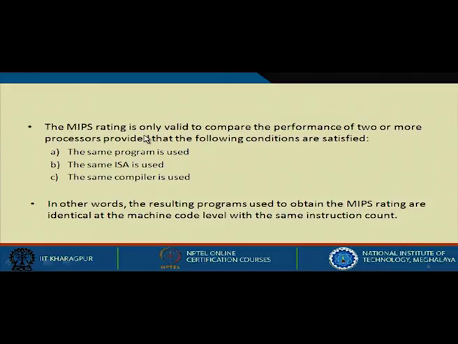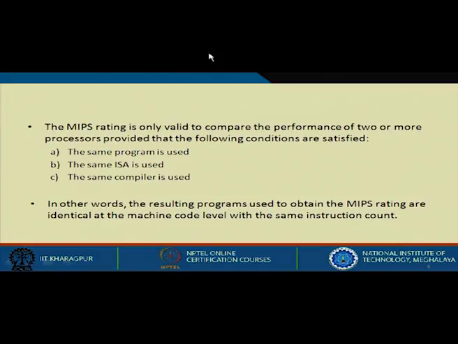So, the MIPS rating is not valid to compare everywhere. It is only valid to compare the performance of two or more processors provided that the following conditions are satisfied. Only if these conditions are satisfied can we say that the MIPS rating is valid to use.